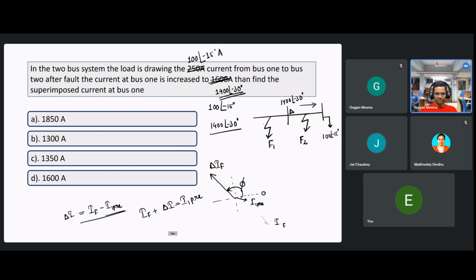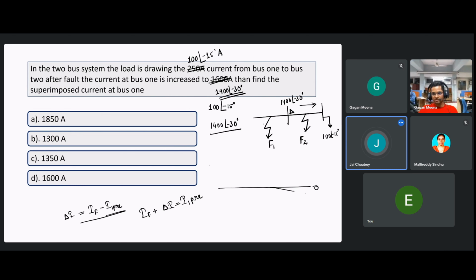So let me try it again. This is our 0. This is I pre, and this is our fault current, IF.